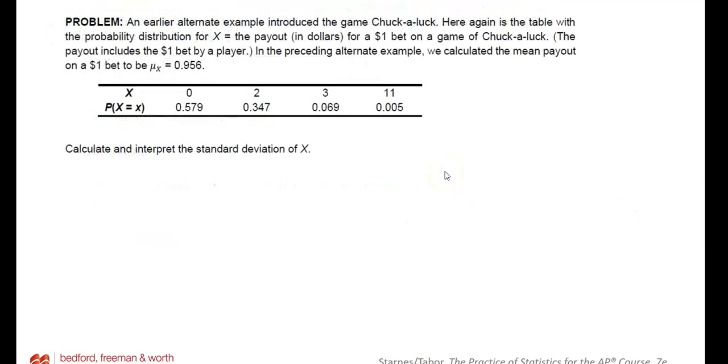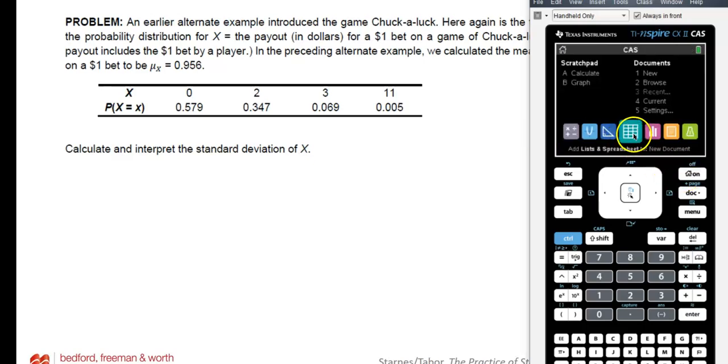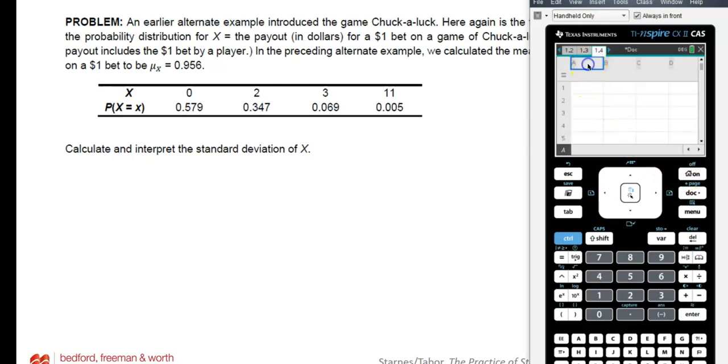Very typical follow-up question: calculate and interpret the standard deviation, right? So if I'm doing this one, what I would do is go to a List and Spreadsheet page. Let's call it Chuck and P-Chuck. P-Chuck is for probability of Chuck or something. I don't want to use the same probability every time, so you have to call it something else.